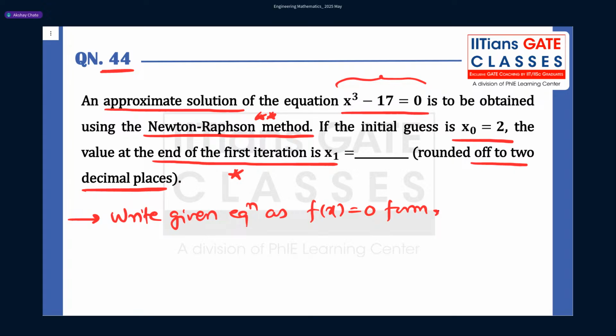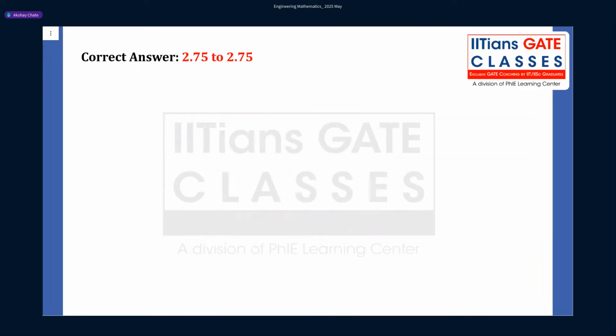So you have to take all the variables and corresponding constants on the LHS, and the RHS should be 0. So here f of x is nothing but x cube minus 17, right? This is the first thing that you should do, and then you should know the standard Newton-Raphson method.